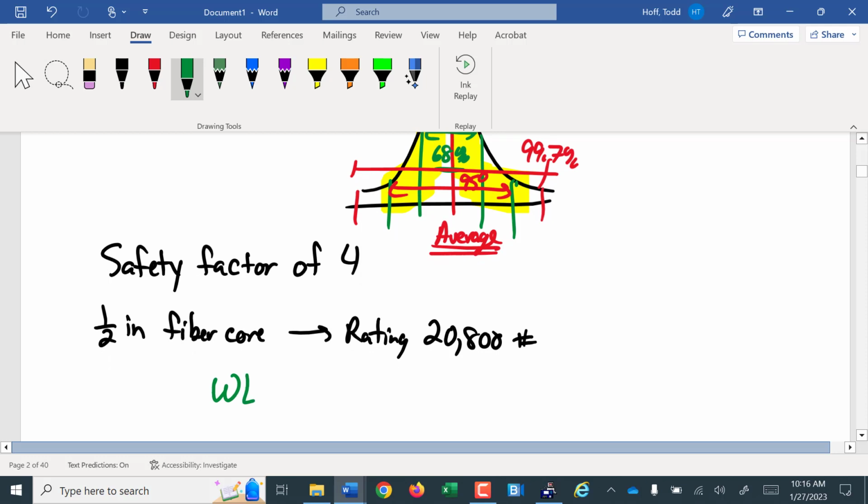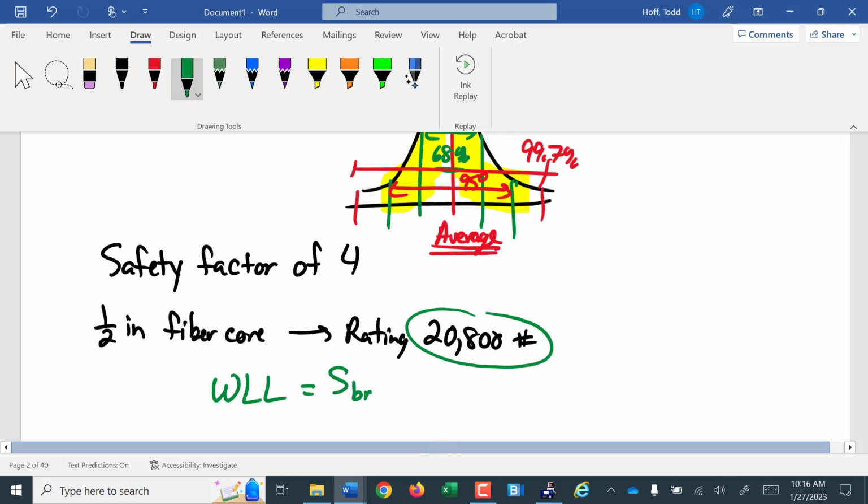is going to be that rating, and this is a breaking strength. That is, at that force, we would expect this rope to start to break down. So it is the breaking strength. Sometimes it's labeled as S with a little b for break. I think that's what your book uses.